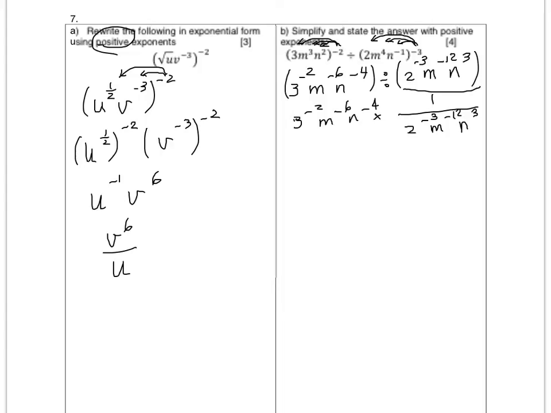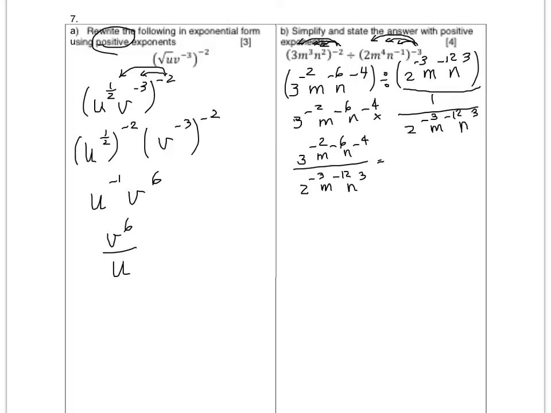Now, I can write this one as 3 exponent negative 2, m exponent negative 6, n exponent negative 4, over 2 exponent negative 3, m exponent negative 12, n exponent 3.